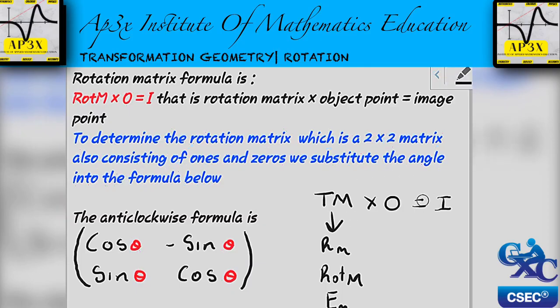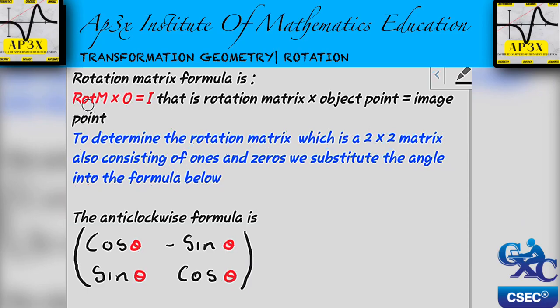Now, without going off on a tangent, no pun intended, here we're looking at the rotation matrix formula. How do I get an object to go onto its image given the rotation? The formula is ROTM, that is the rotation matrix, multiplied by the object, that will give you the image.